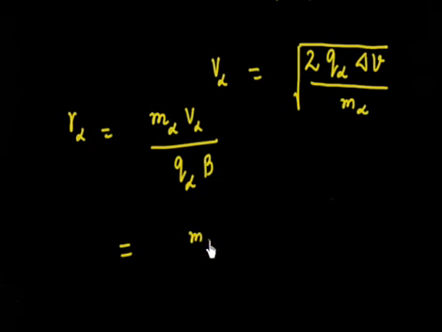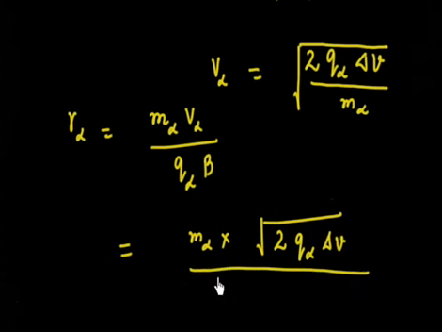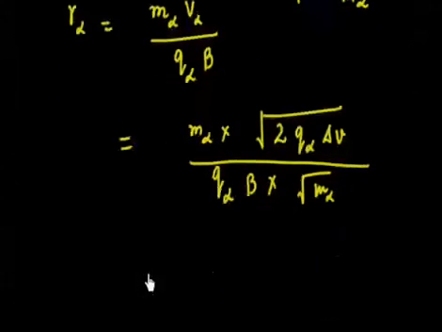Now m alpha is m alpha, and v alpha we have already calculated, so this is the square root of 2 q alpha delta V divided by m alpha, all over q alpha B.